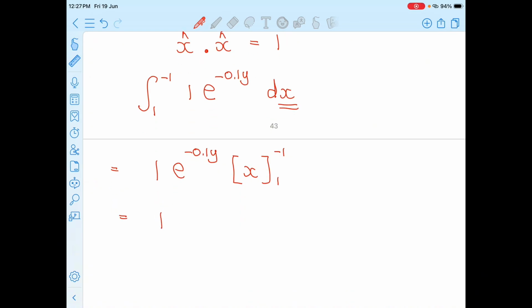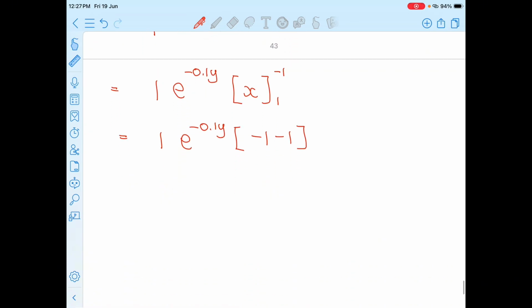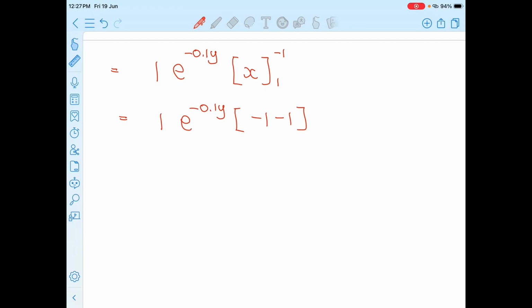So you have 1 times e^(-0.1y), and then -1 minus 1, so you have -2. So it means -2 e^(-0.1y).